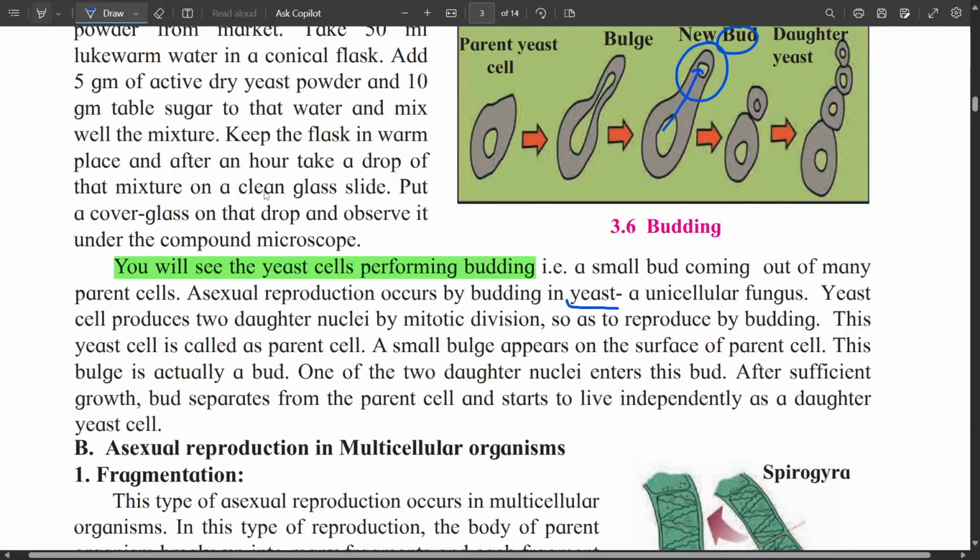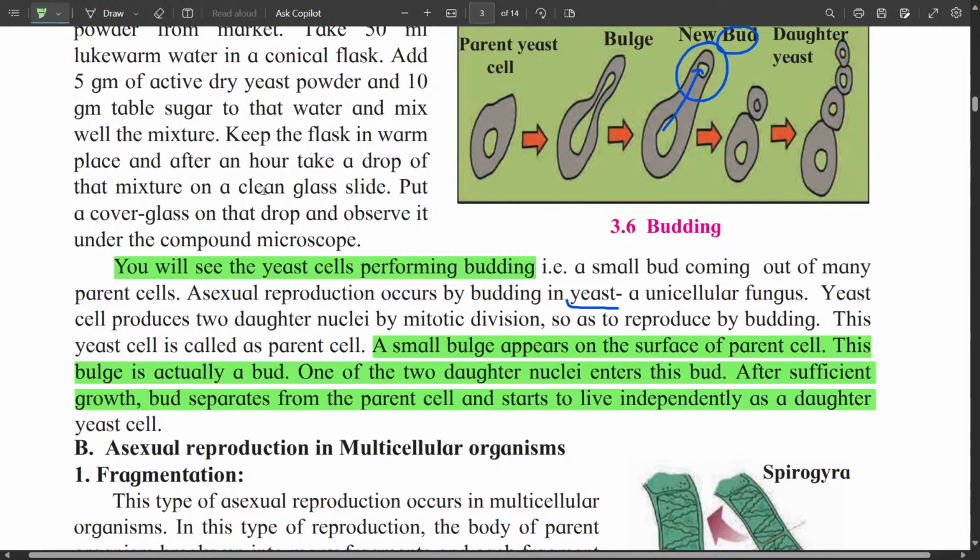A small bulge appears on the surface of the parent cell. This is called a bud. One of the two daughter nuclei enters into this bud. After sufficient growth, the bud separates from the parent cell and starts life as a new independent yeast.